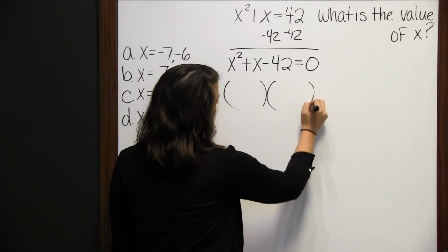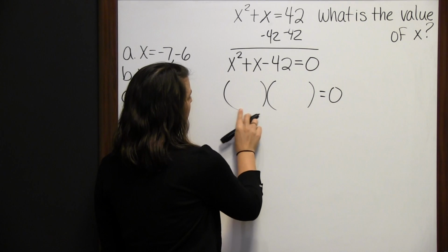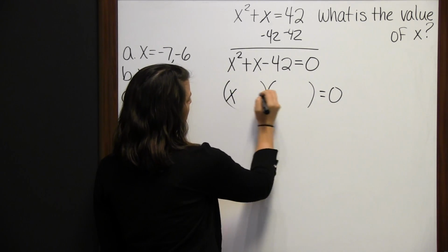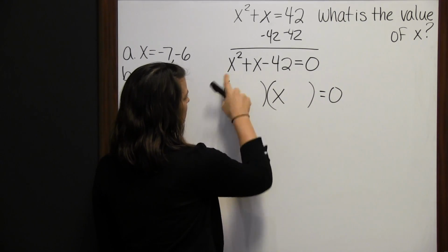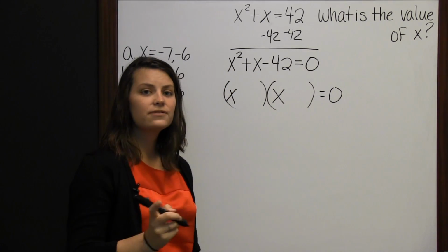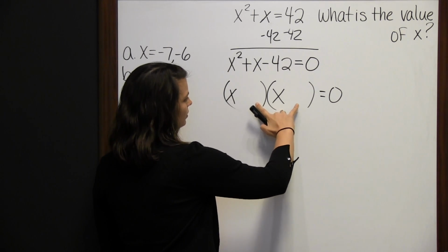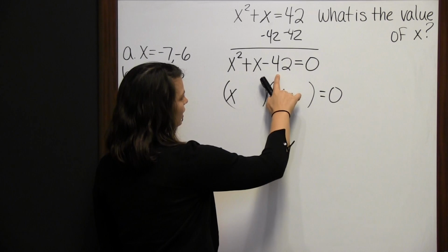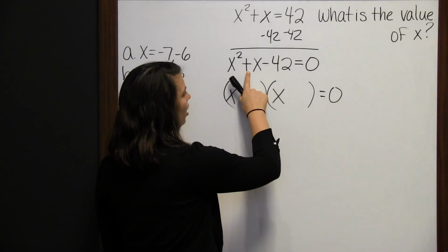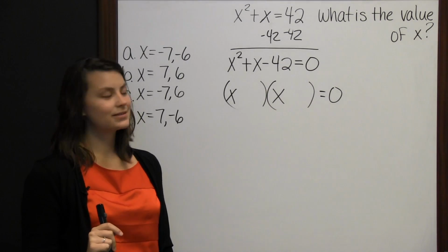So I start with my parentheses for my two binomials, and I know that the first term of each parentheses is going to be an x, because x times x is x squared. And then to find my second terms, I need to find two numbers that multiply to give me negative 42 and add to give me a positive 1, because 1 is the coefficient of x.